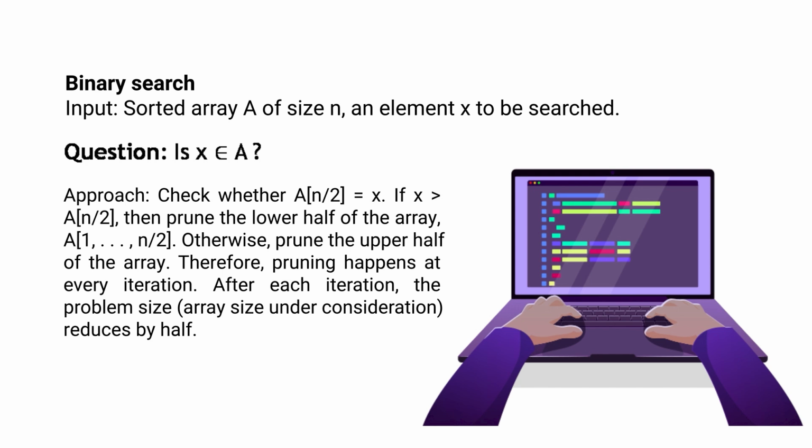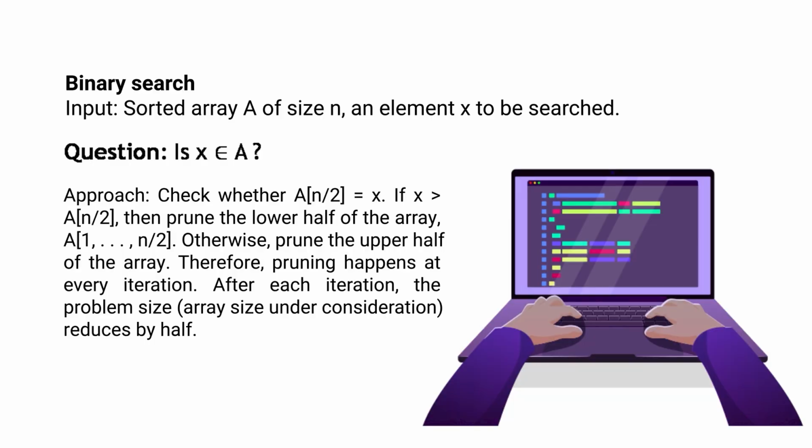If A[n/2] equal to x, if it is true, then it will return, okay. If x is greater than A[n/2], then prune the lower half of the array, otherwise prune the upper half of the array, okay. Because in binary search a sorted array is given, but in case of linear search the elements are not sorted, okay.